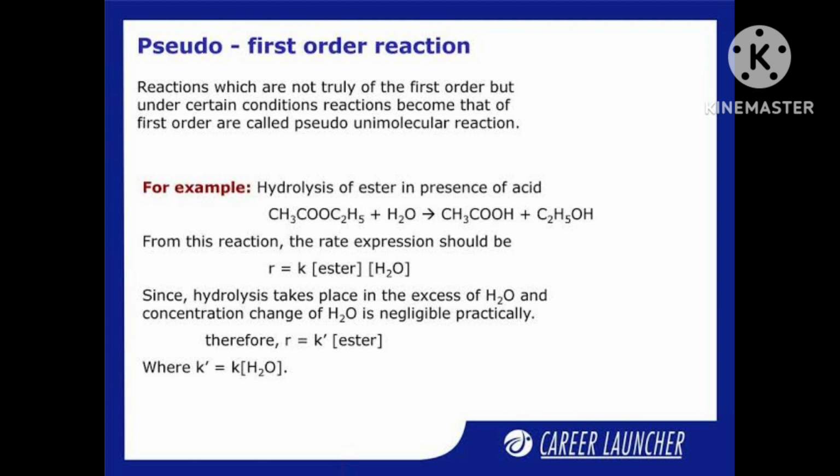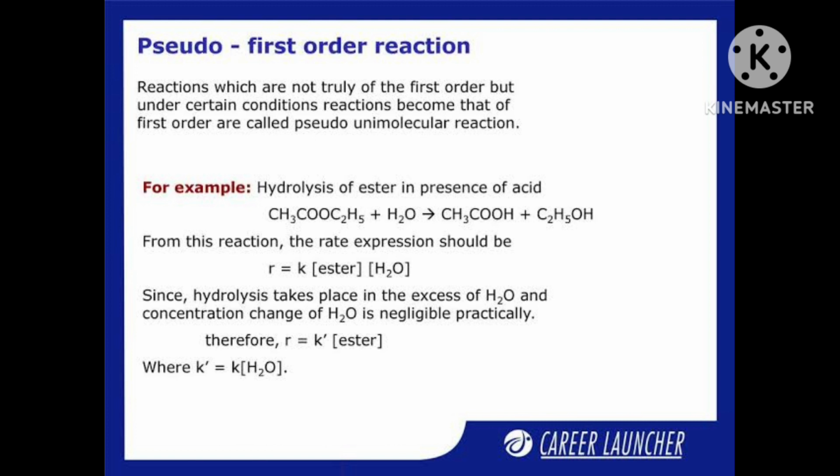Now what will you write here? Rate is equal to K into the molar concentration of ethyl acetate. The rate depends only upon the concentration of ethyl acetate, because for H2O the power is 0, that means 1.